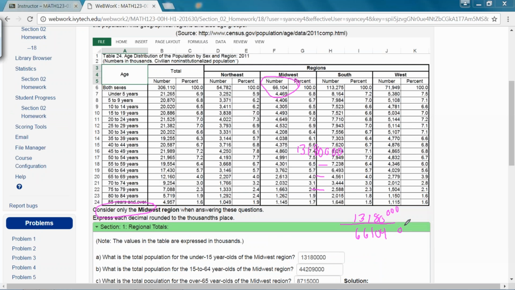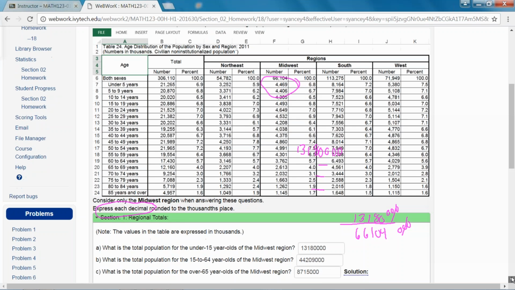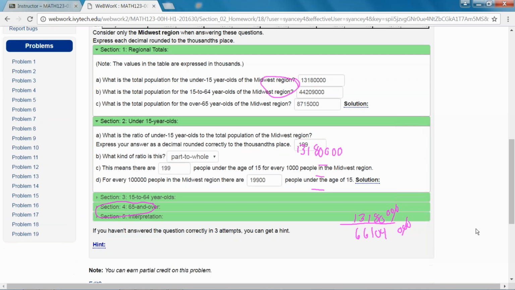Again, it's in thousands, but you can just cross those both out. And you divide it out, and you get 0.199.